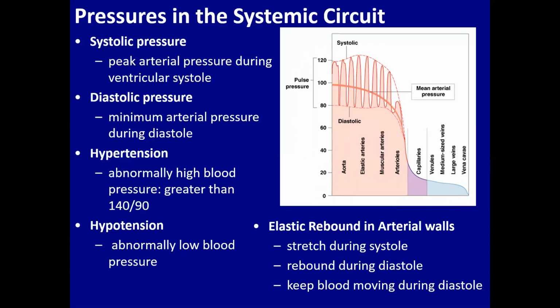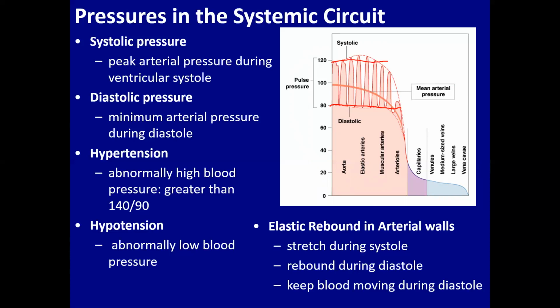Okay, so let's look at a few different things about pressure. Systolic pressure is the peak arterial pressure during ventricular systole, right? That's when the blood is being pushed out of the heart. Diastolic pressure is the minimum arterial pressure. So what do we say? 110, 120 over 80, that's an okay blood pressure, good blood pressure, right?